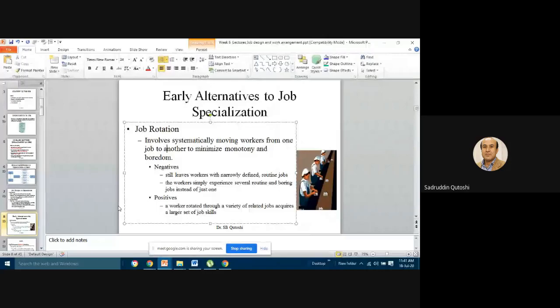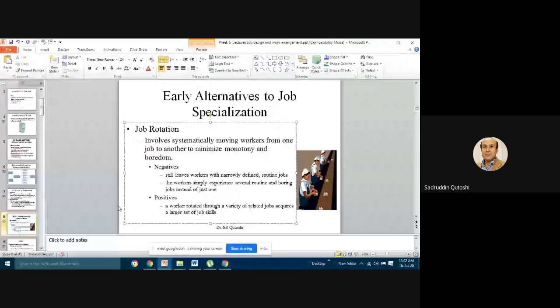The workers simply experience several routine and boring jobs instead of just one. That's another thing, because instead of gaining particular expertise and mastery of skill in one particular job, they become a jack of all trades, a master of none sort of situation. But there are some positive aspects as well.